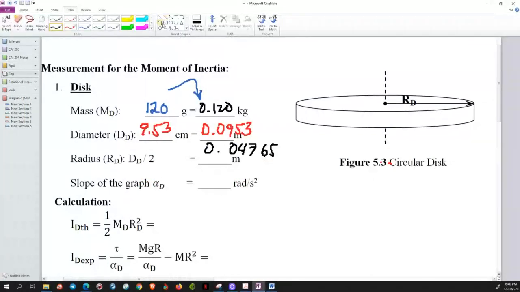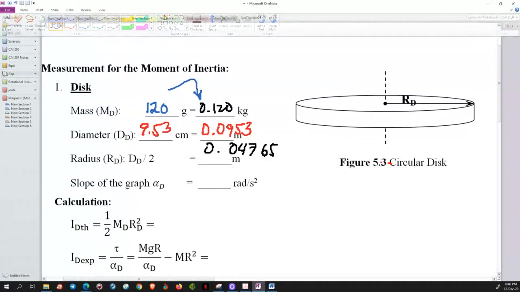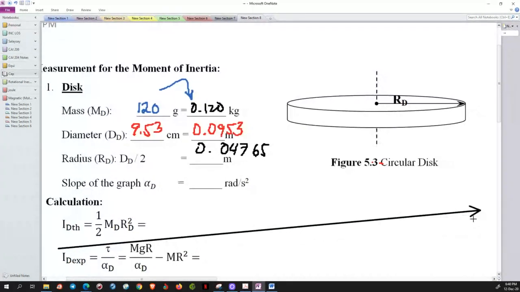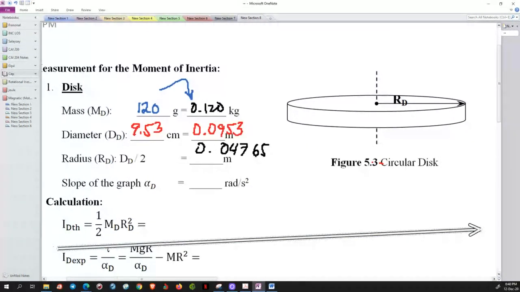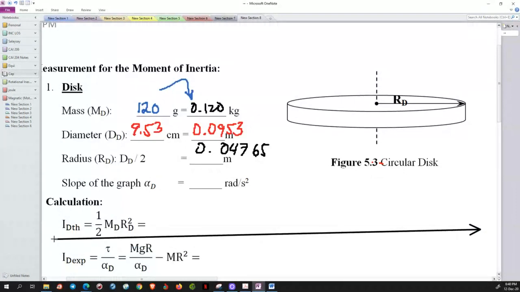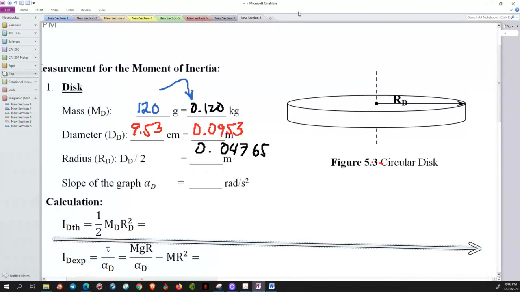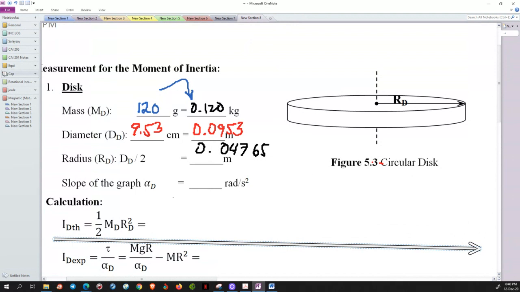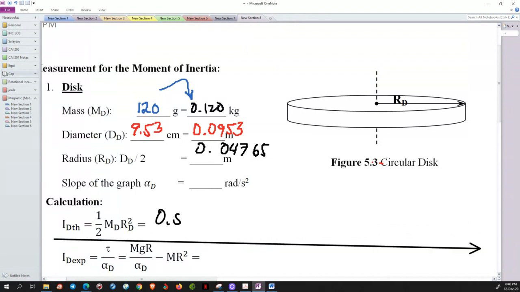So from here, I will draw a line to separate the theory from the experiment value. So let me draw a line so I can separate the theory and the experiment value. From here, calculate the theory. Don't take the slope, not yet.